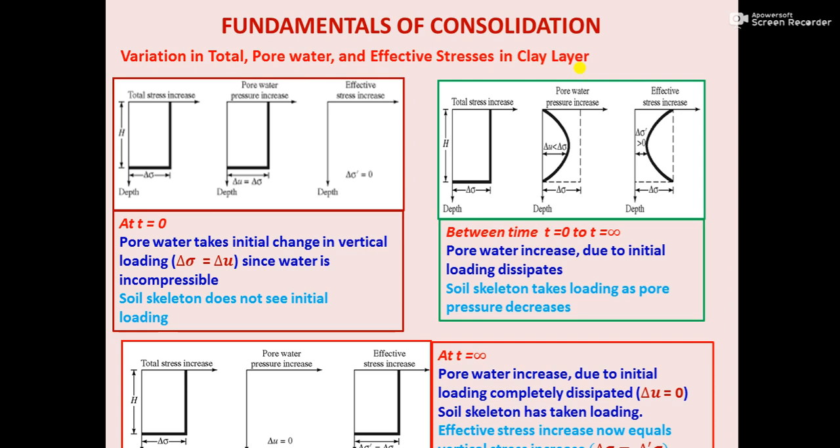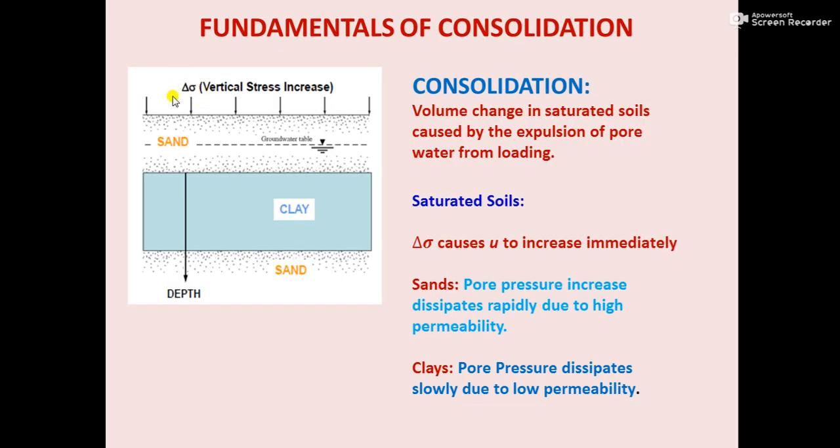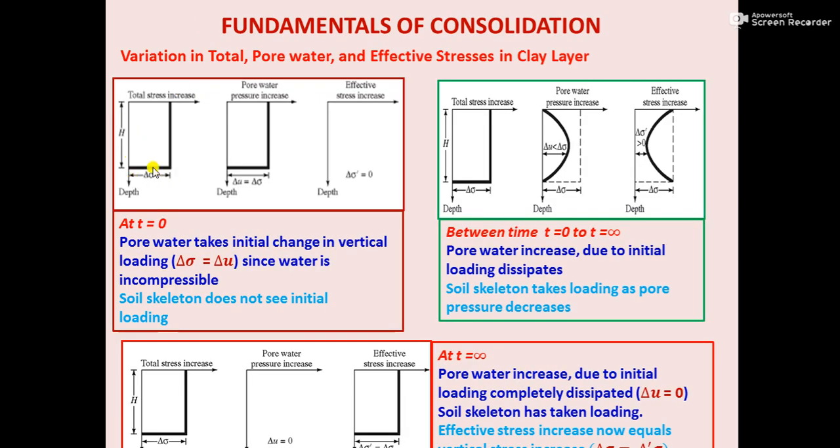There is an increase in stress, a total stress increase in the depth. And how much is the total stress increase? Because of this vertical stress, it is delta sigma, right? So the total stress increase is delta sigma.